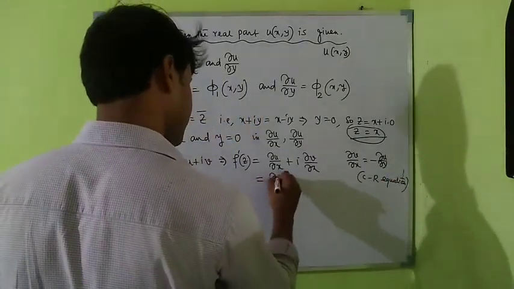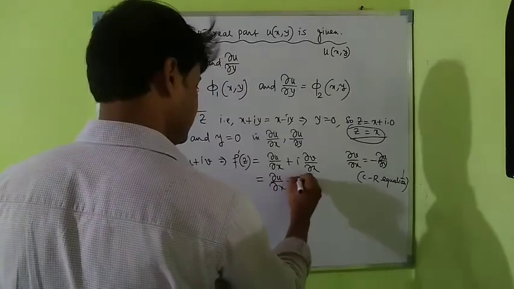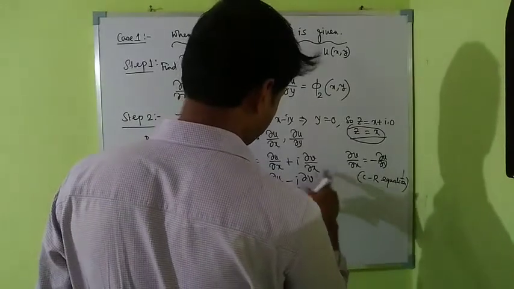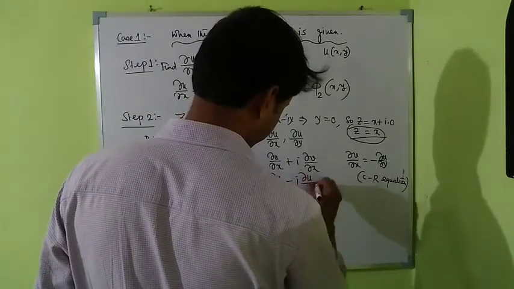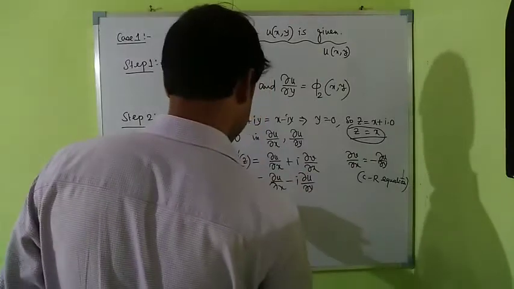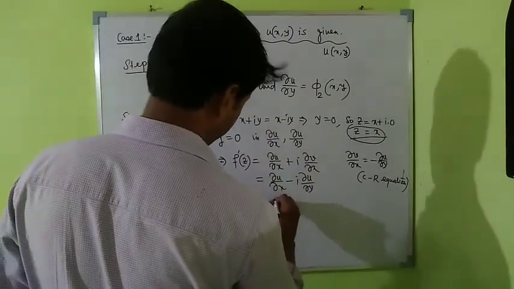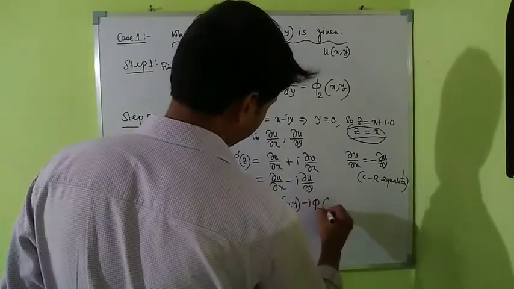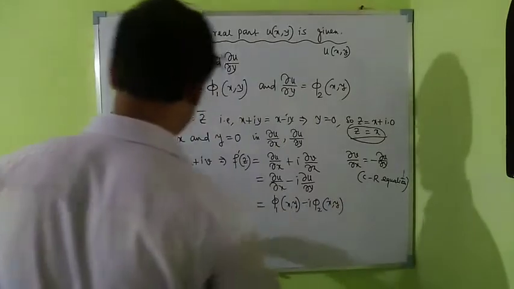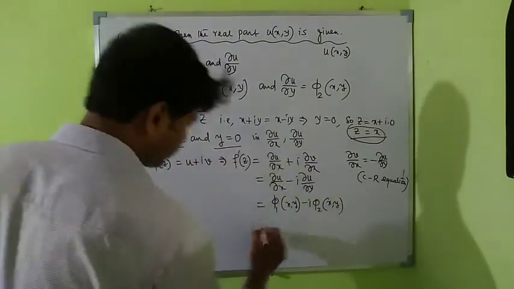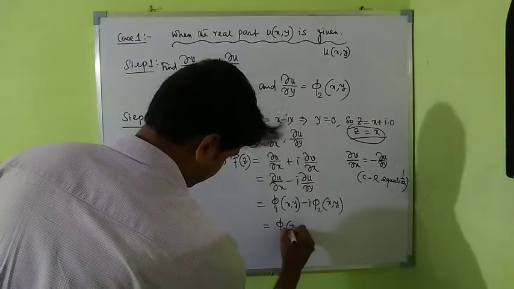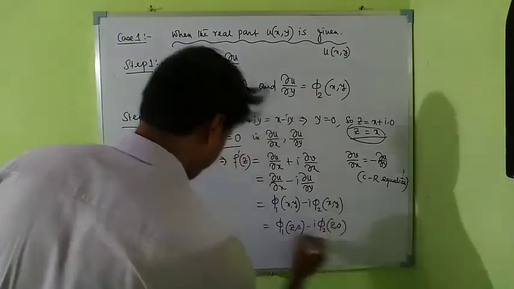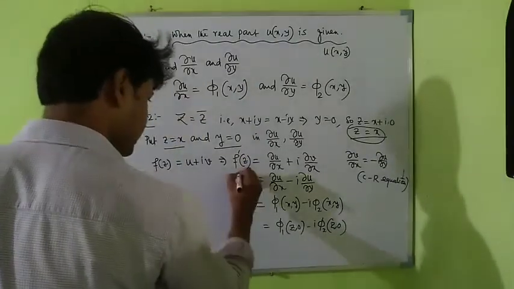So we write this as del u del x minus i del u del y. This is phi 1 (x,y) minus i phi 2 (x,y). Put x = z and y = 0. So this is phi 1 (z,0) minus i phi 2 (z,0). So this is f dash z.